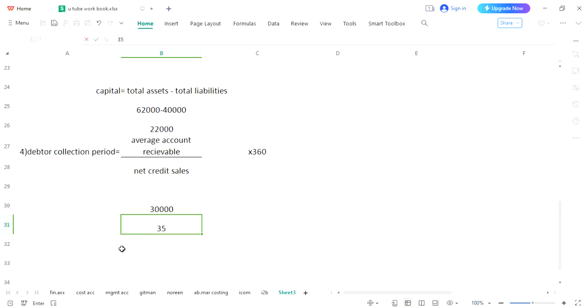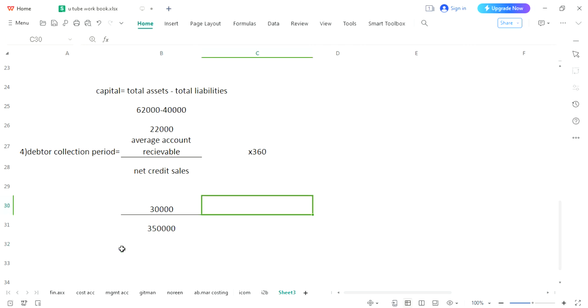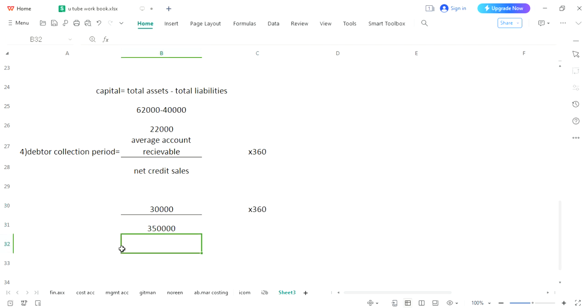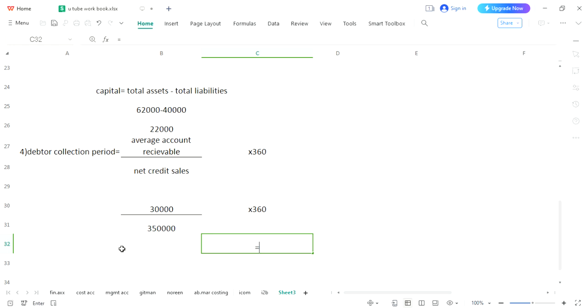Just put 350,000, and as a formula we need to multiply it with 360. Alright guys, now let's calculate it. And how would you calculate? 30,000 divided by 3,50,000, and then you need to multiply it with 360.